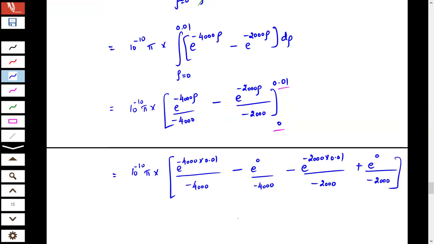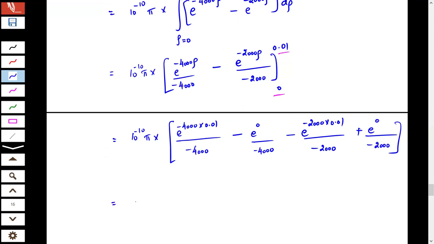Now we should compute using calculator to solve this. Before that, I can simplify this expression and put it in the calculator. So you'll get minus 1 by 4000 times e power minus 40 minus e power 0, this is 1.